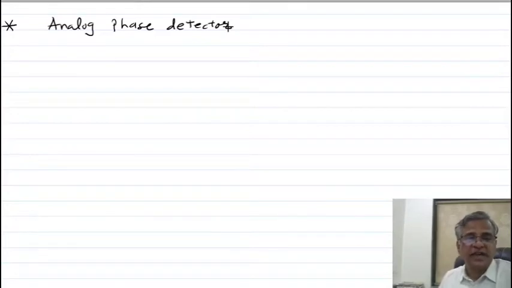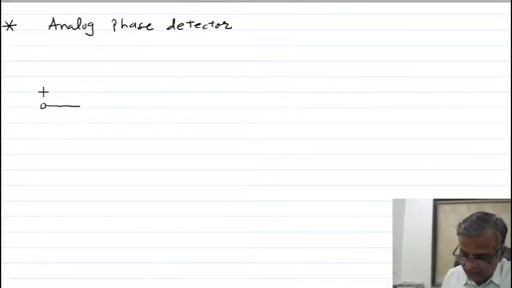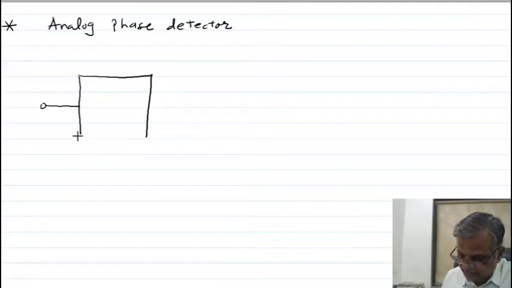The symbolic diagram of the analog phase detector is shown in the figure. This is also known as a switch type phase detector.